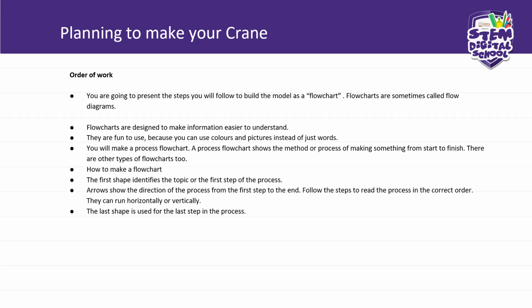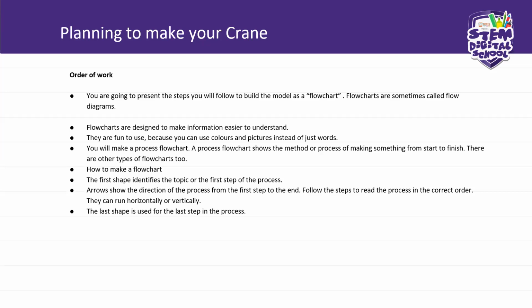They are fun to use because you can use colors and pictures instead of just words. You'll make a process flow chart. A process flow chart shows the method or process of making something from start to finish. There are other types of flow charts too, okay?